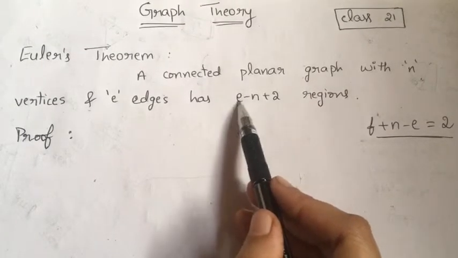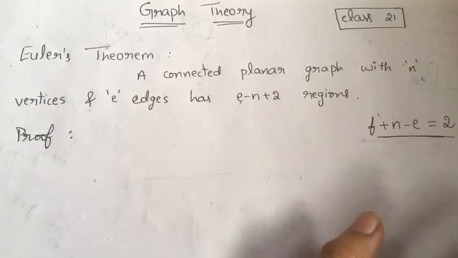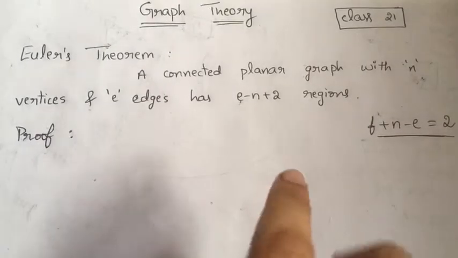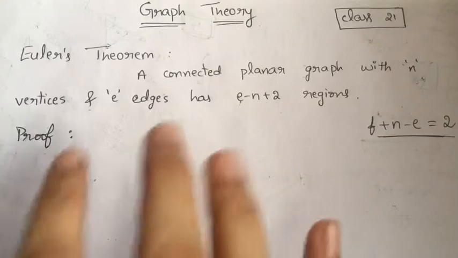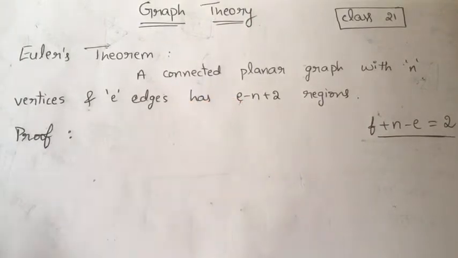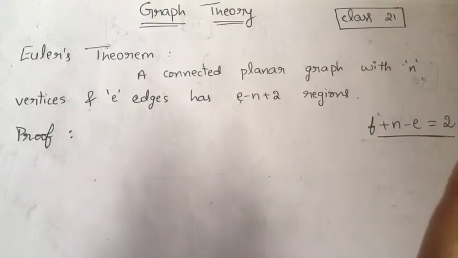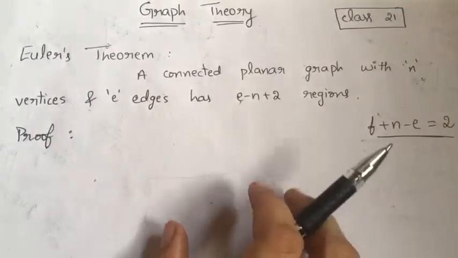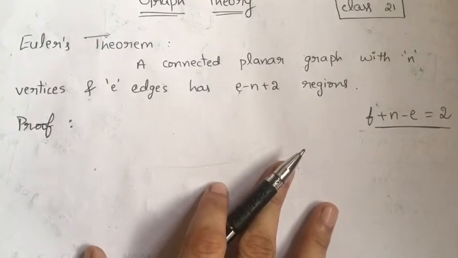Okay, so the e minus n value is unaltered. So I'm removing these three situations. I'm proving only for the simple graph which has no self loop, no parallel edges and no pendant vertices. So it is sufficient to prove this theorem for the simple graph without self loop, parallel edges and pendant vertices.